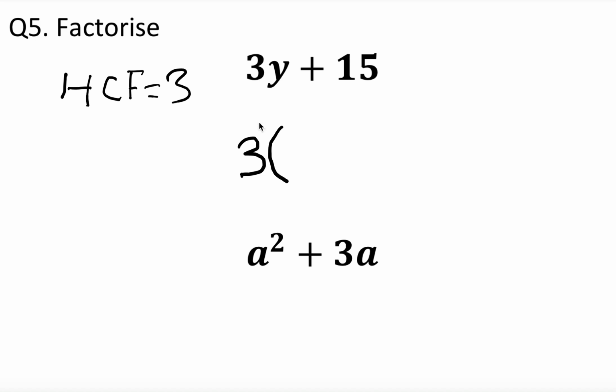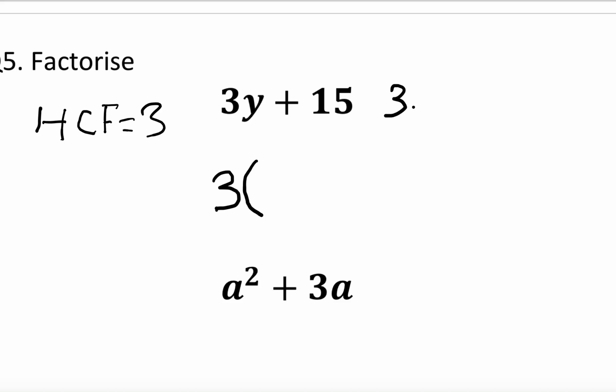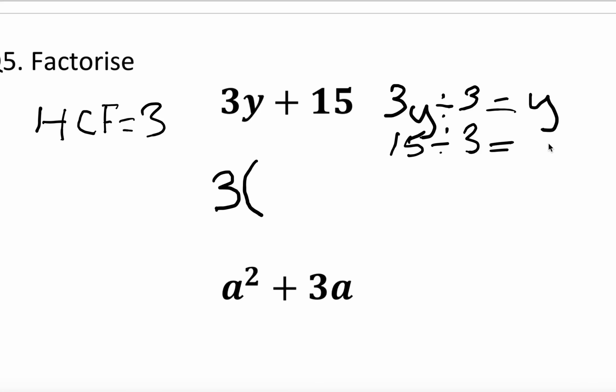So let's just do this here. 3y divided by 3 equals, you're left with y. And 15 divided by 3 is 5.